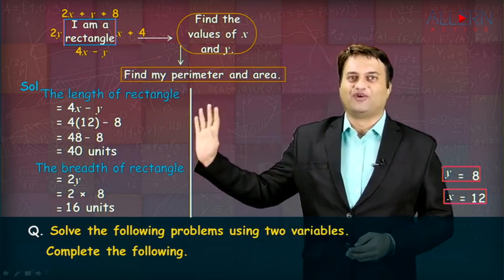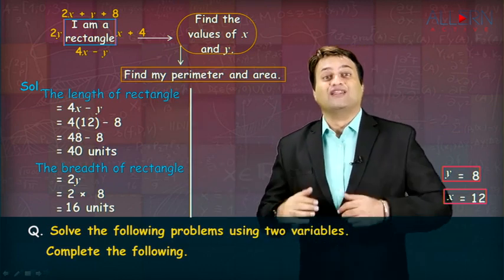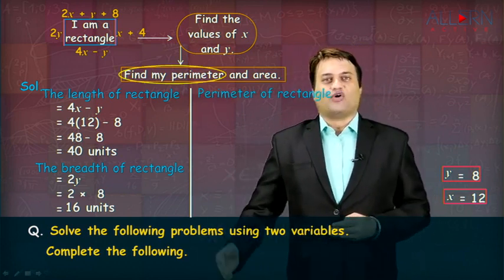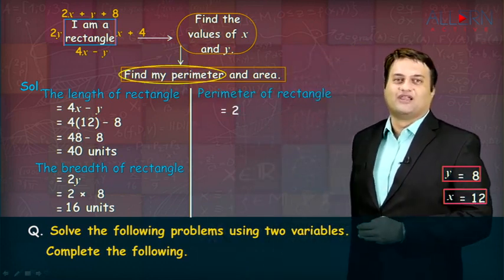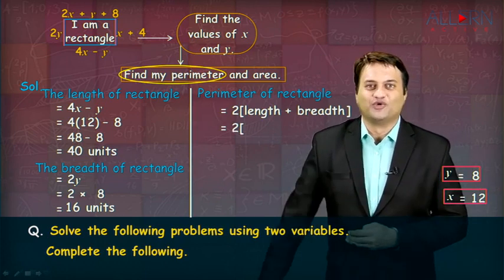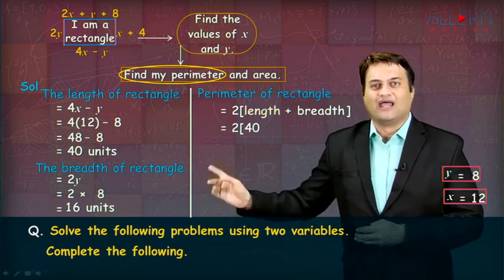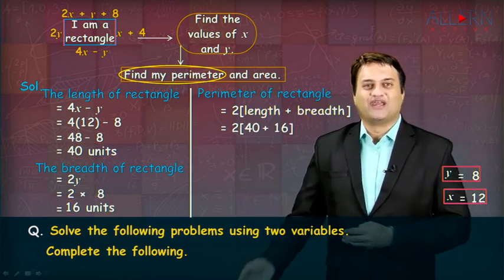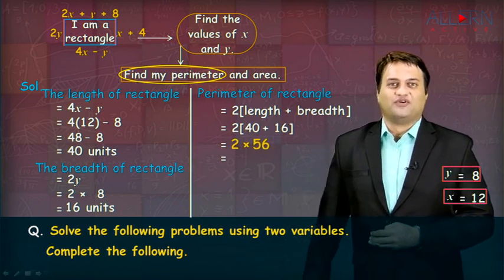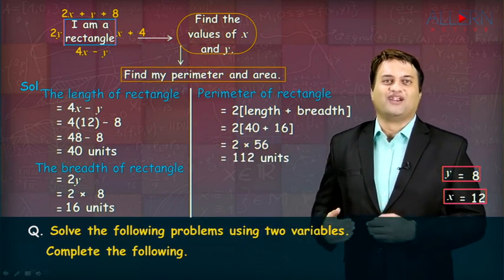So we got the length, we got the breadth. Now it's time for us to find the perimeter of the rectangle and the area of the rectangle. The formula to find the perimeter of the rectangle, as we all know, is 2 into length plus breadth, which is equal to 2 into the length is 40 and the breadth is 16. So we get the perimeter as 2 into 40 plus 16, that's 56. 2 into 56 is 112 units.